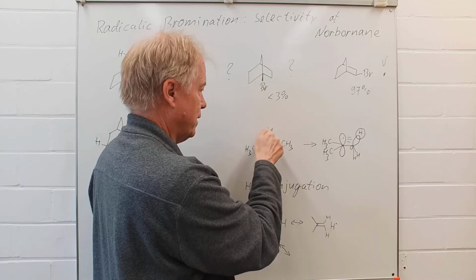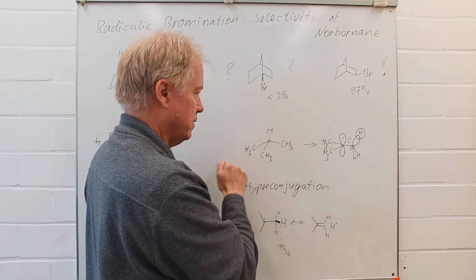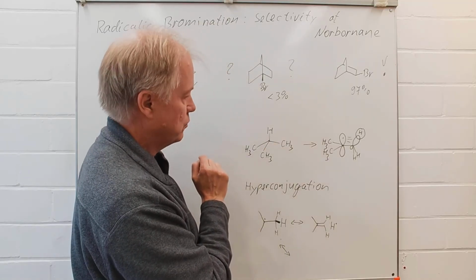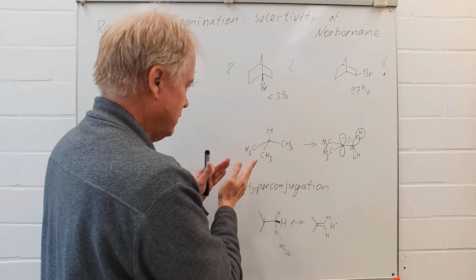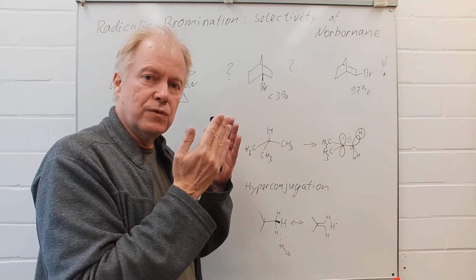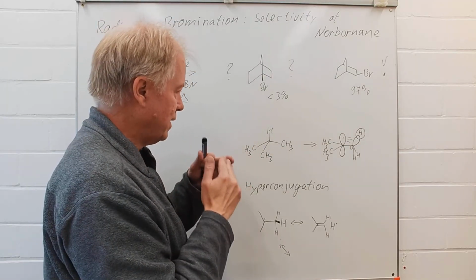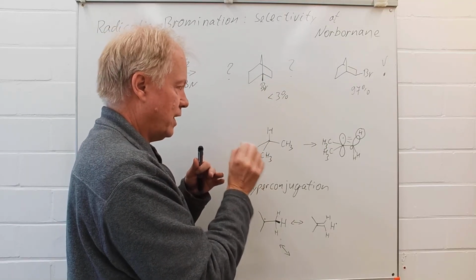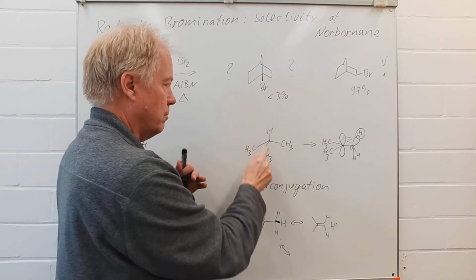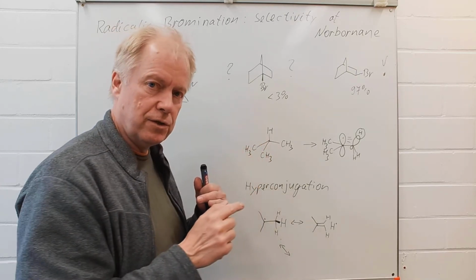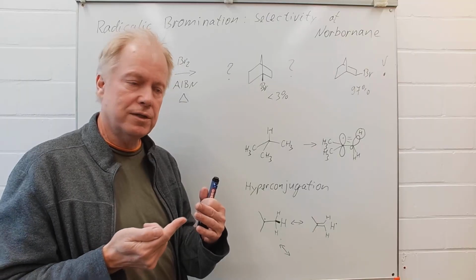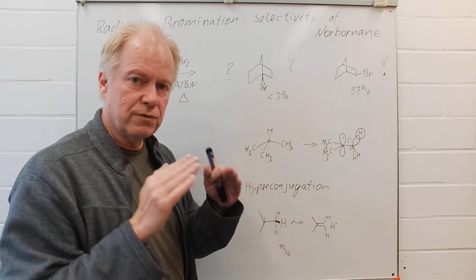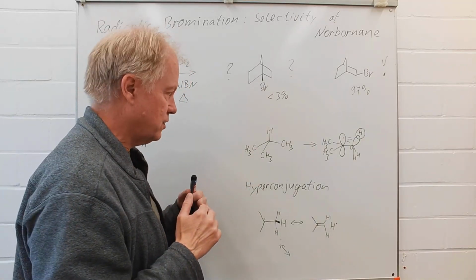If we abstract a hydrogen atom here, then a radical center will remain here, and there is some release of steric strain because with the change in hybridization from an sp3 hybridized center to an sp2 hybridized center, those CH3 groups will increase their distance.